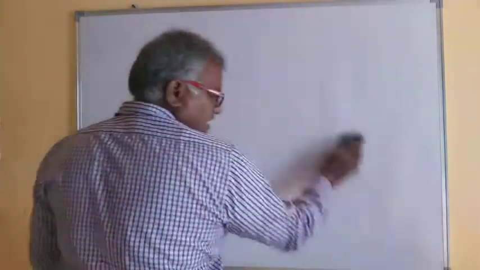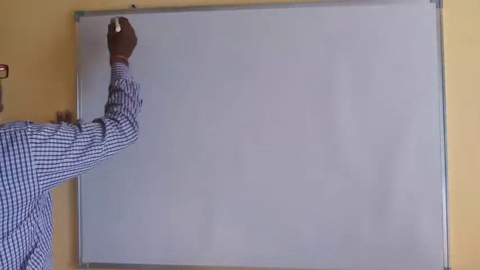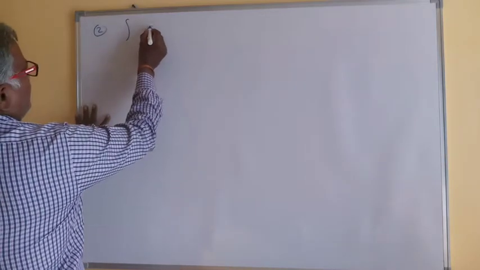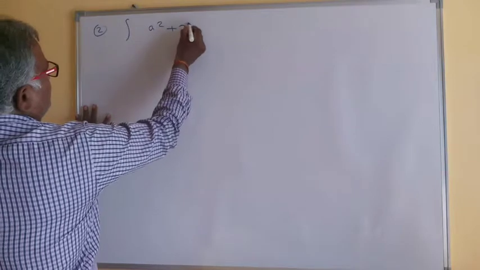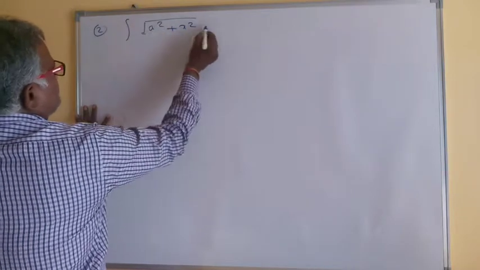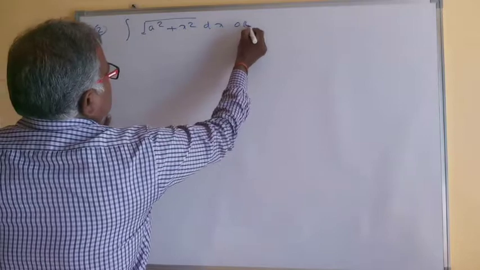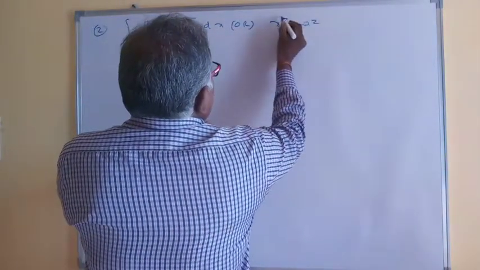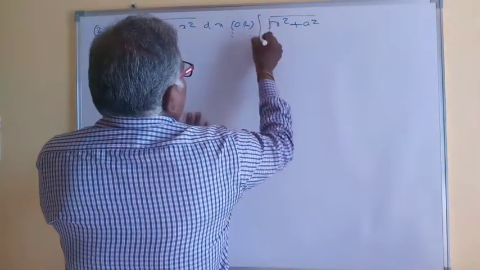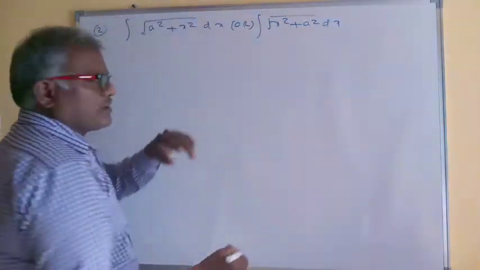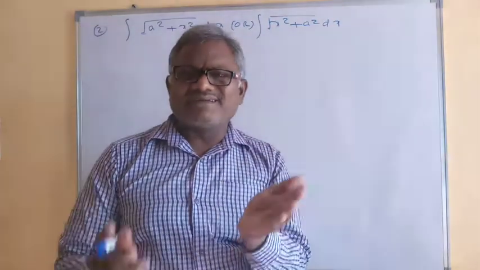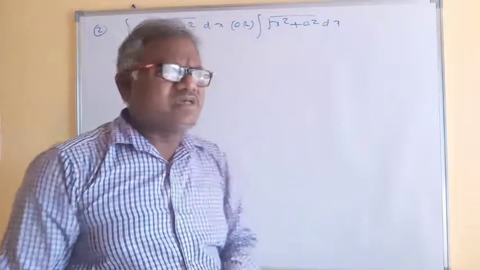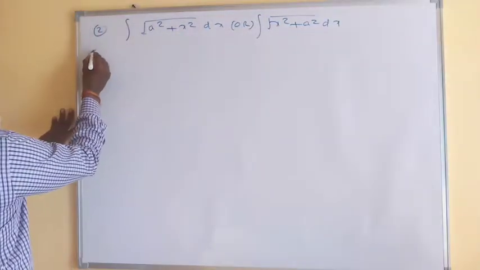Second one, integral of root of a square plus x square dx, or x square plus a square, no change. Since addition is commutative, same thing, no problem. 1 plus 2 gives 2 plus 1. A square plus x square is nothing but x square plus a square, both are the same. So same solution.